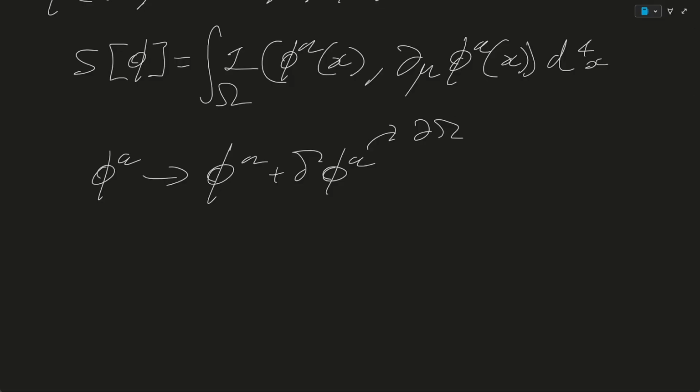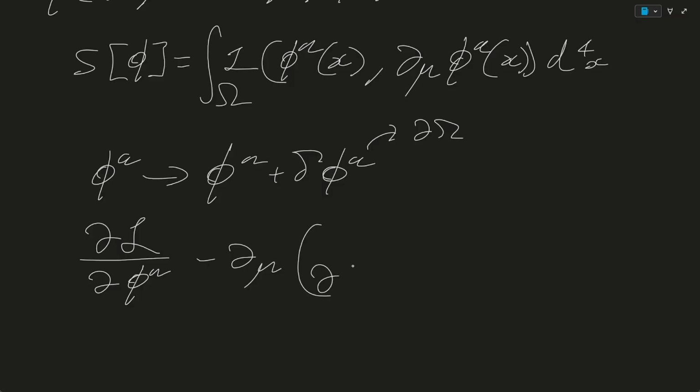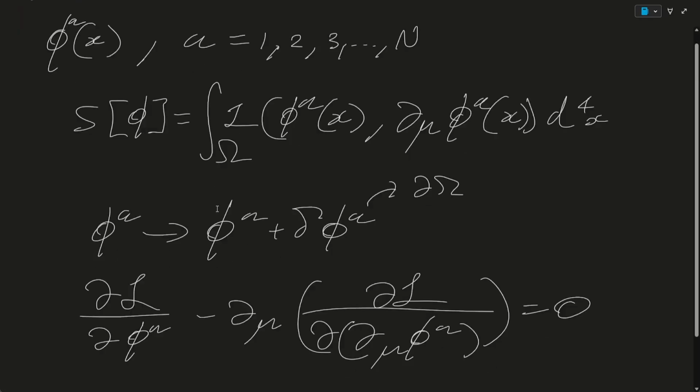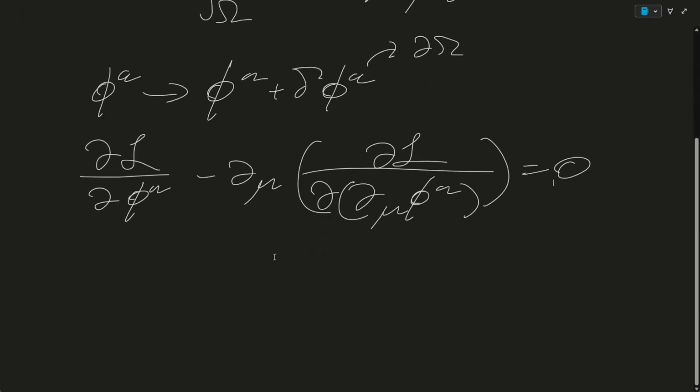And of course, if we now vary this with the principle of least action, we end up with the following very useful equation, which I'm sure you will all recognize, just in a slightly different form. ∂_μ, and then I'll write the bottom first, ∂_μ φ^A, and you can see that this is just a nicely rearranged form, changed for our conditions, of Euler-Lagrange.